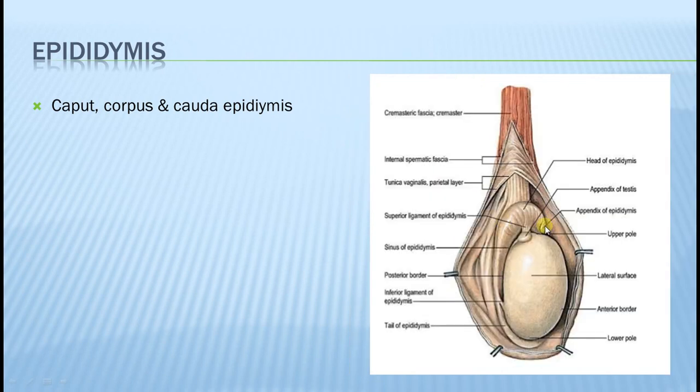Sometimes you also see a small nodular tissue which is called the appendix of epididymis, which is seen here. This is the remnant of mesonephric tubules. Mesonephric tubules, not the duct.